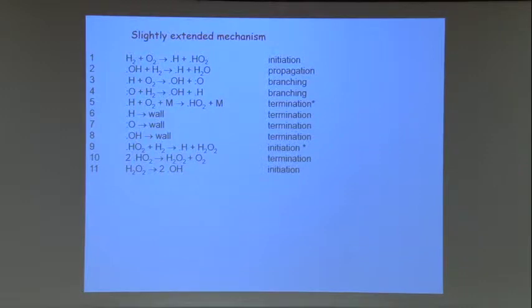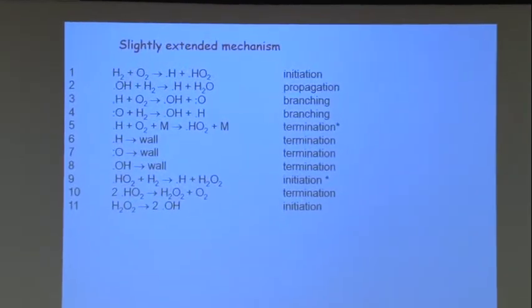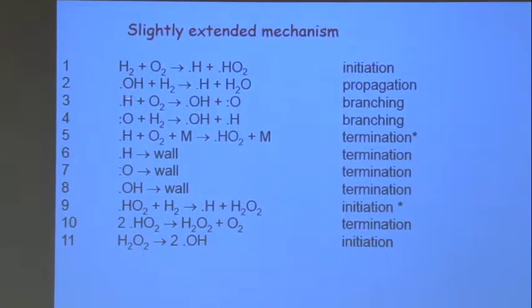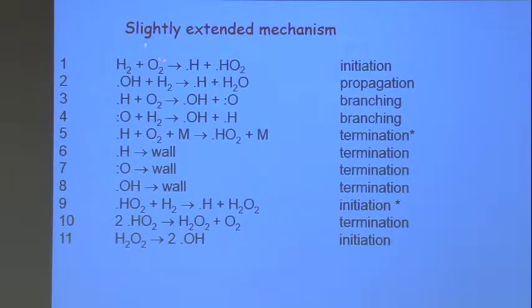This is a slightly modified mechanism. We've got this initiation reaction which we had before, H2 plus O2 going to H plus HO2. We've got these wall reactions and then 1 or 2 slight differences down here. But we'll just whiz through this and then look at it again tomorrow.